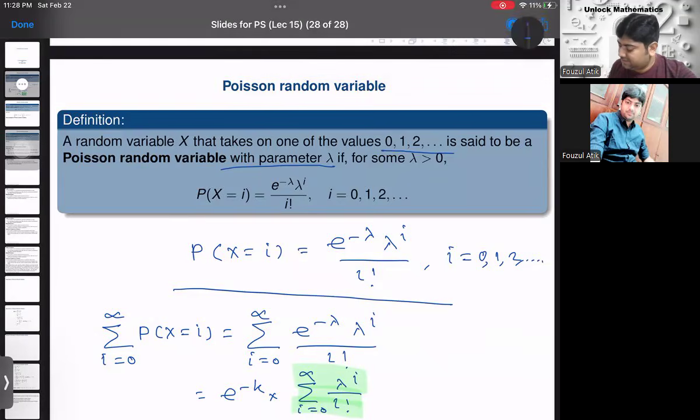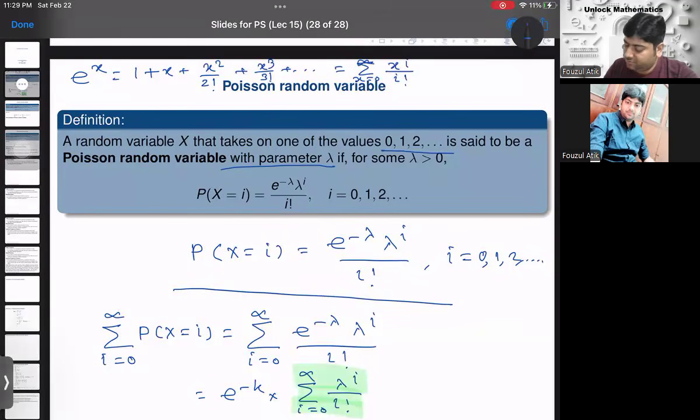If you recall the e power x expansion, it is 1 plus x plus x square by 2 factorial plus x cubed by 3 factorial plus and so on. So it is the summation of i equal to 0 to infinity of x to the power i divided by i factorial, right?